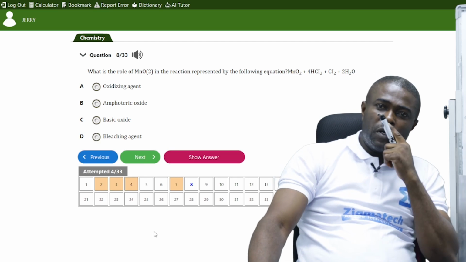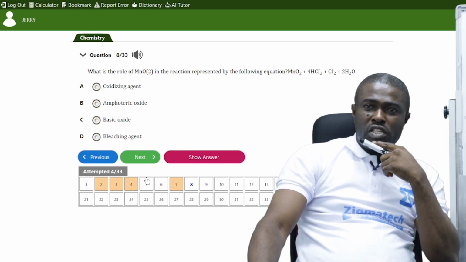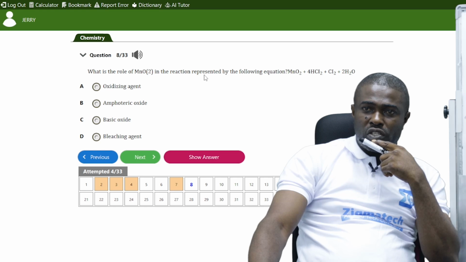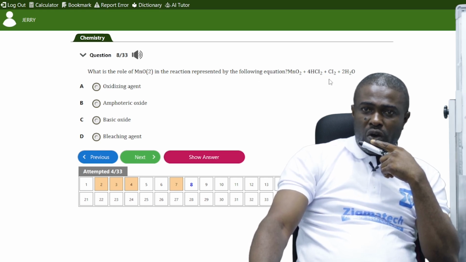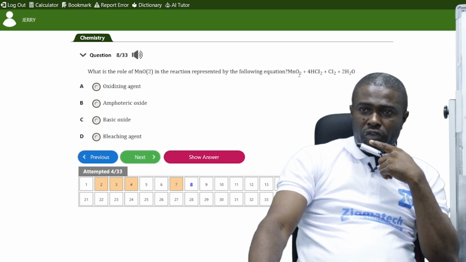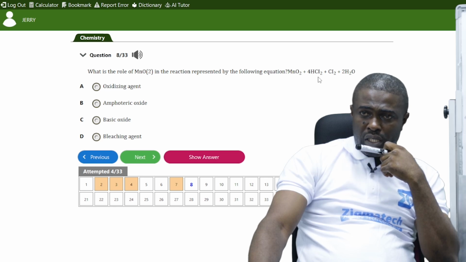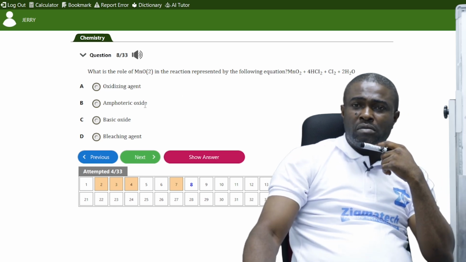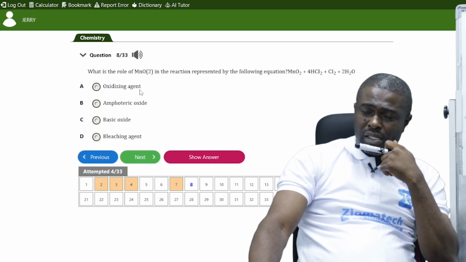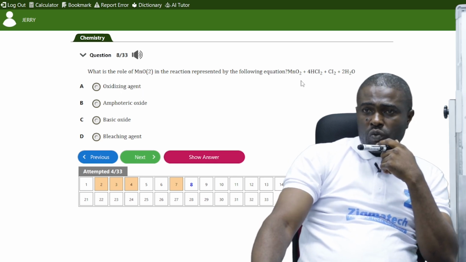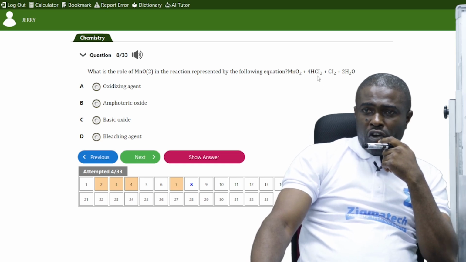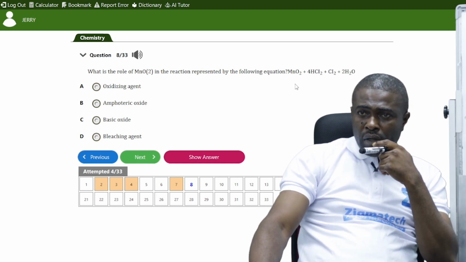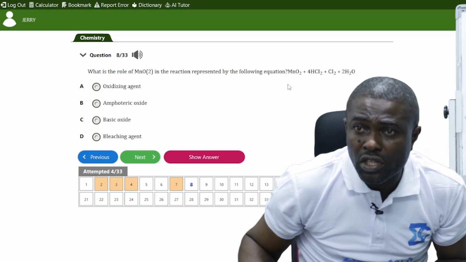The next question is, what is the role of MnO4 in the reaction represented in the equation? This is actually not this particular topic, but the reaction is not even complete.